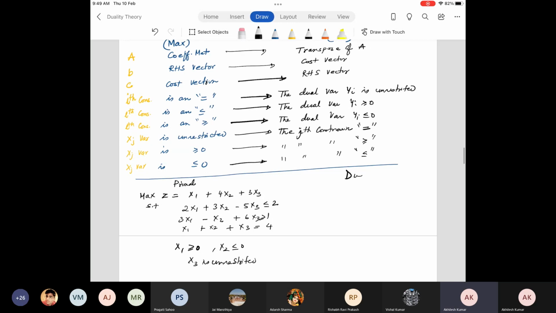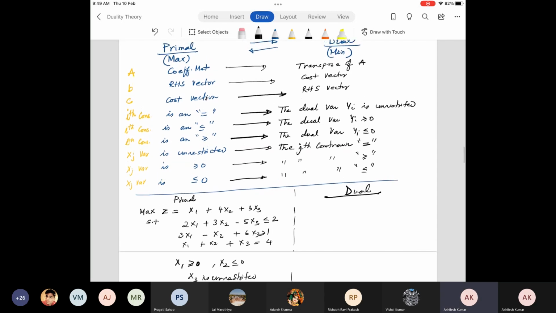You need to convert it into its dual. I will work with you. This is the primal problem; we need to convert it into its dual. Let's start with the objective function. This is maximization, so it will become a minimization problem. We'll write W. Now, the C vector for the dual problem becomes the RHS vector, so 2, 1, and 4.